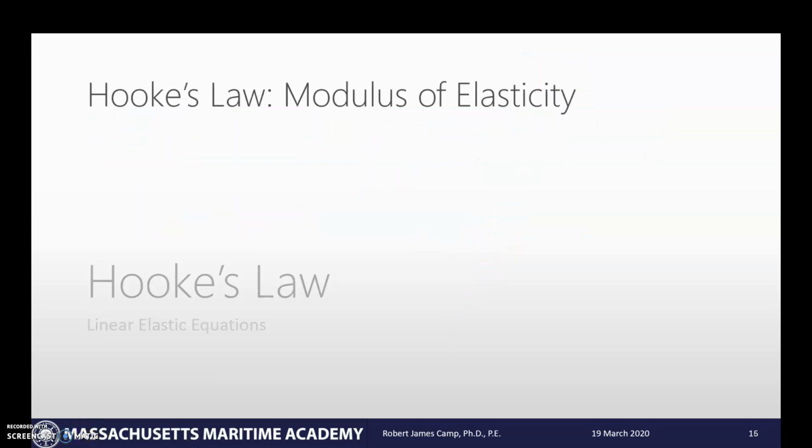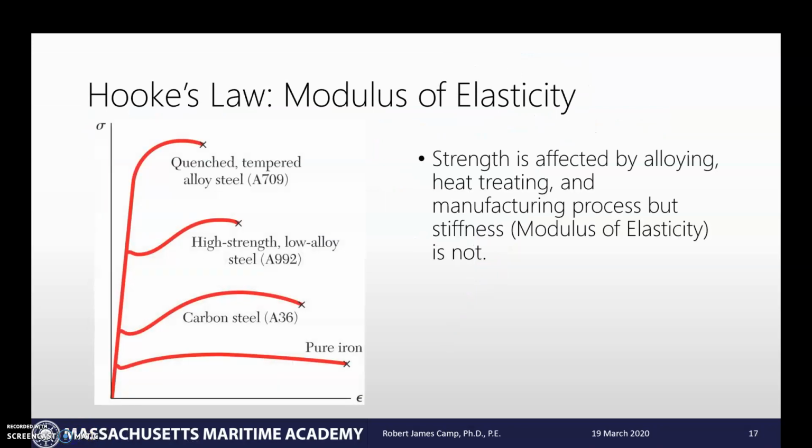Now, let's take a look at this chart right here. So these are all steels and irons, but we've made some changes to them, changes to the chemical compositions. Pure iron, carbon steel, high strength, low alloy steel, quench tempered alloyed steel.